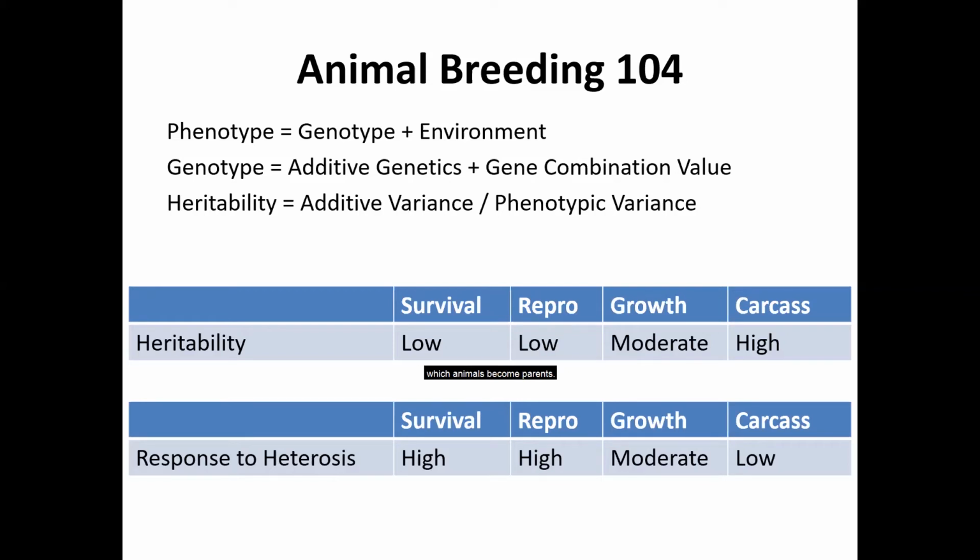Selection is choosing variation and deciding which animals to move forward with from one generation to the next, which animals become parents. When you have a highly or a moderately heritable trait, selection is an effective tool. Okay? A high percentage of what we see or what we measure is attributable to additive genetic effects.